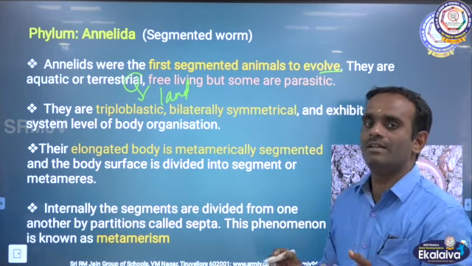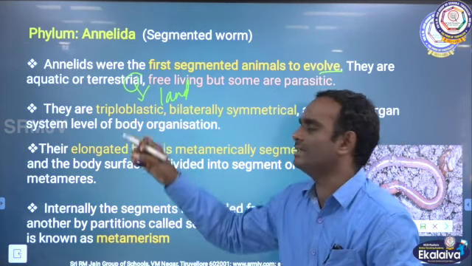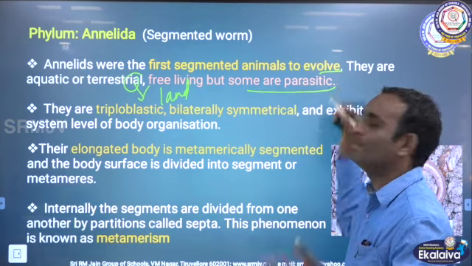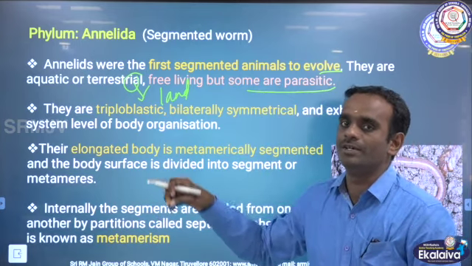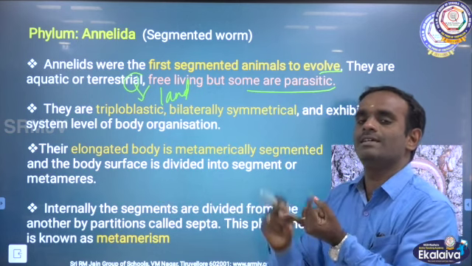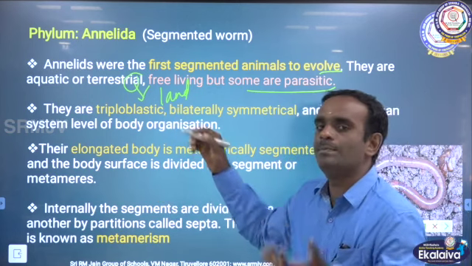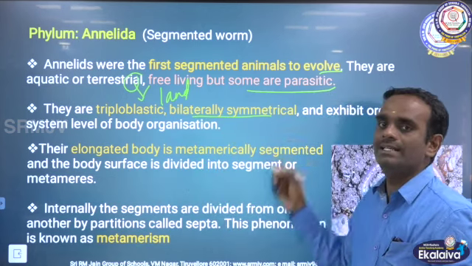Aquatic you know very well. Some species live in the water, it is said to be aquatic. So, some are aquatic and some are terrestrial and free living, but some are parasitic. Some depend on the other organism for the food. So, they are triploblastic, made up of 3 layers, bilaterally symmetrical.